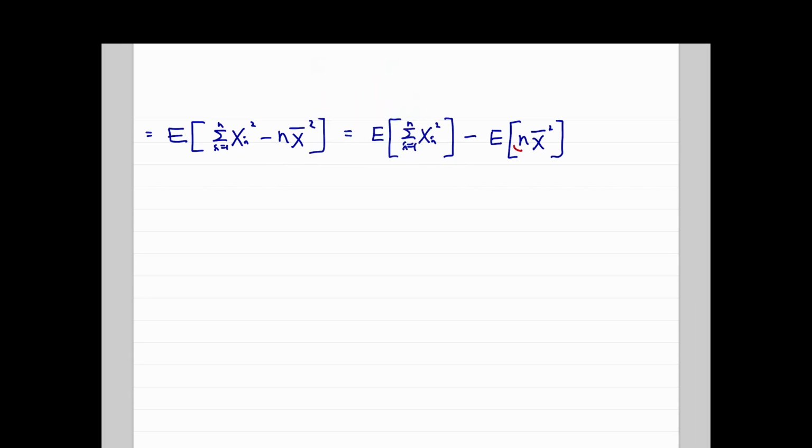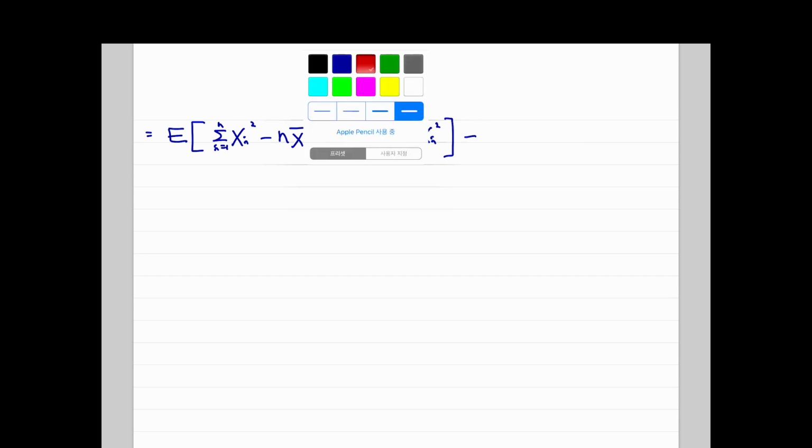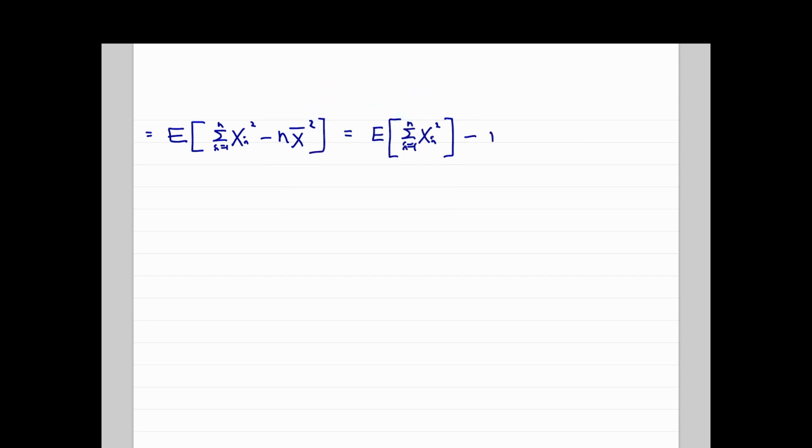The n is a constant, so it can be taken out, and we can write n multiply the expected value of x bar square.